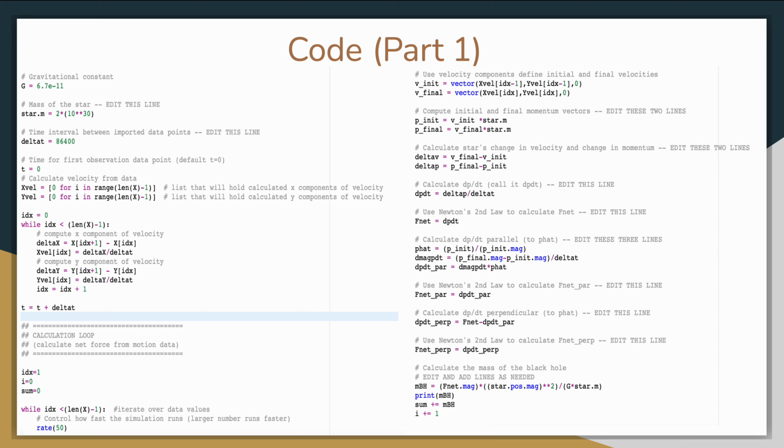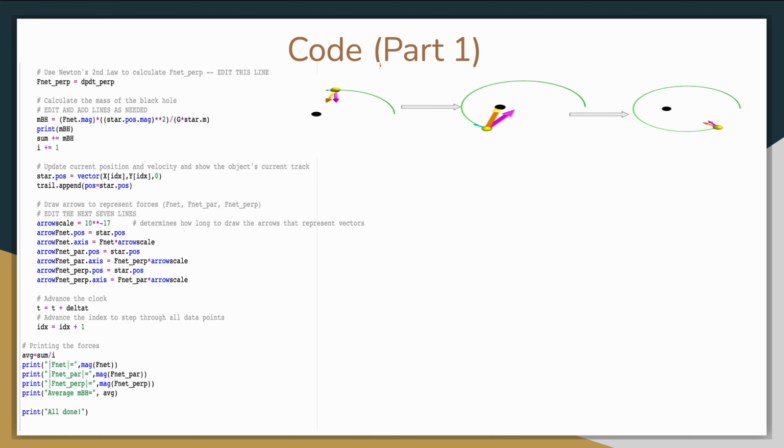Using that, you calculate the net force, and then the force parallel to the system. To find the perpendicular force, you subtract F parallel from F net. Once you have that, you can calculate the mass of the black hole. As you can see on the right, that is the motion of the star around the black hole.